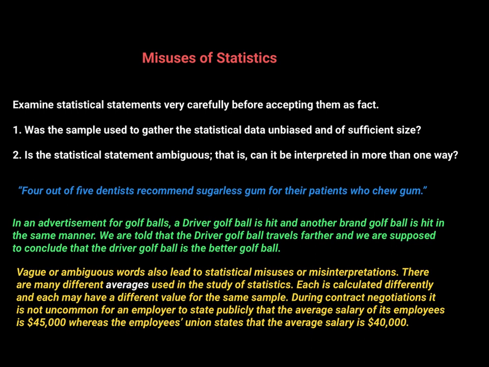It's just that each side will use the average that best suits their needs to present their case. Advertisers also use the average that most enhances their products. And consumers often misinterpret this average as the one with which they are most familiar. So, more about that in another lesson.